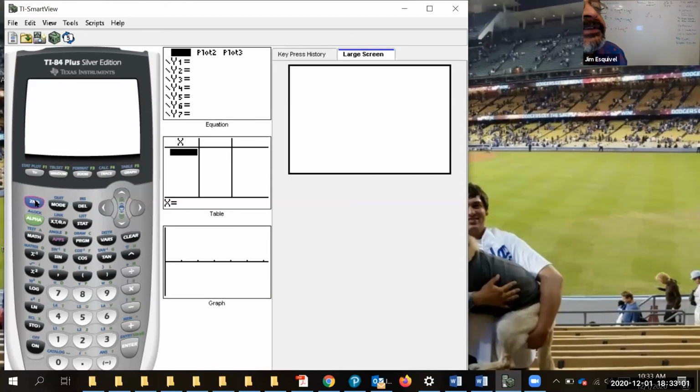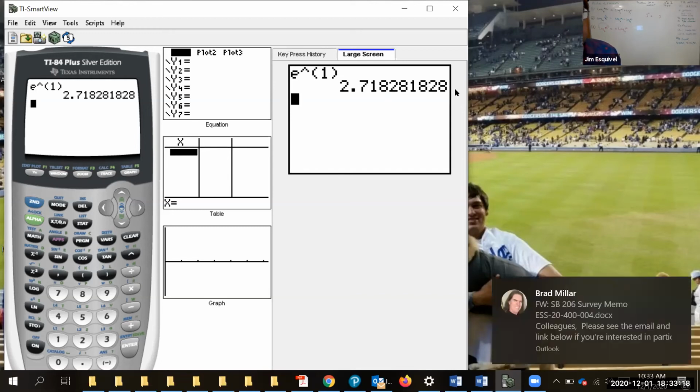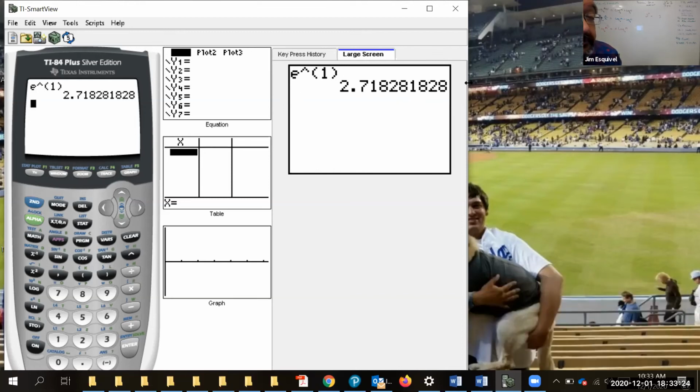If I go like this, second e to the first power, e is the irrational number 2.718281828, but it doesn't repeat a pattern. There is no last digit. It goes on forever, on and on and on. It's an irrational number, just like the number pi, but it occurs forever and ever, all over nature.